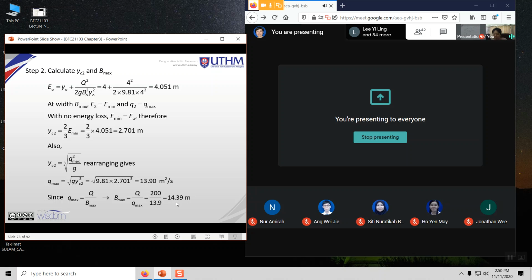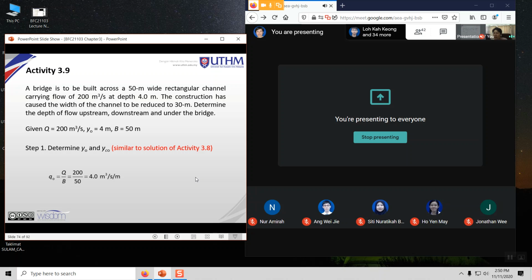So I have my B. Now this B is actually B max because we set E min2 equal to E naught. So we have our B max 14.39. Remember, if our B at location 2 is less than B max, it is case 3. If our B2 is greater than B max, it is case 1.